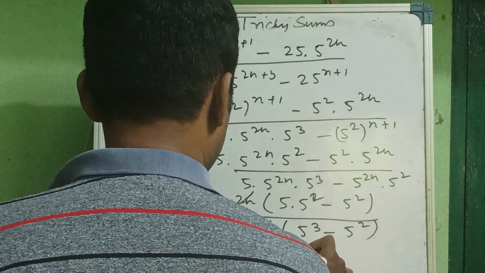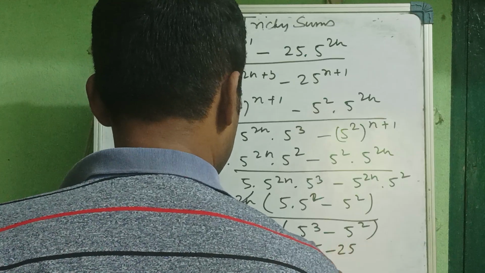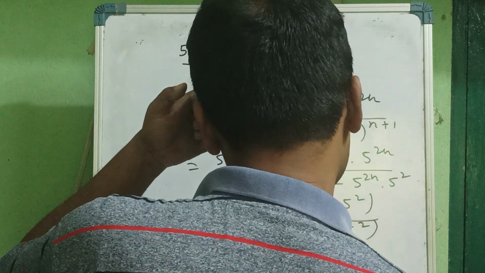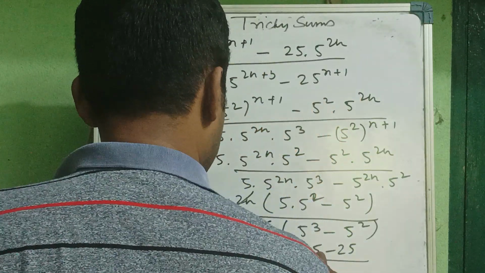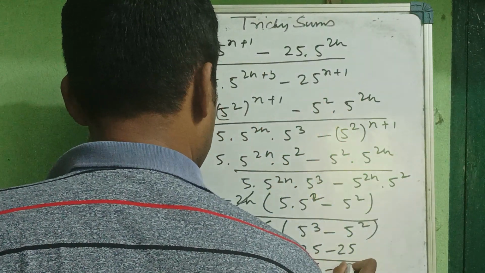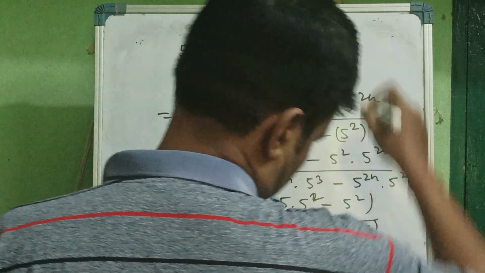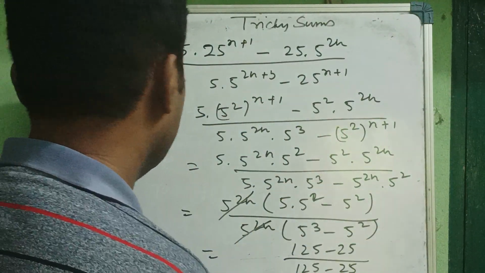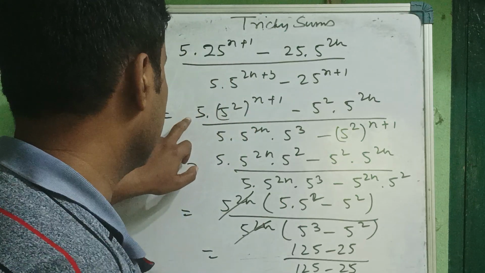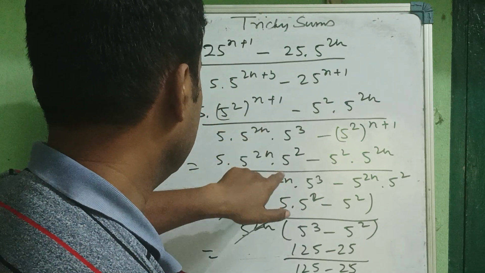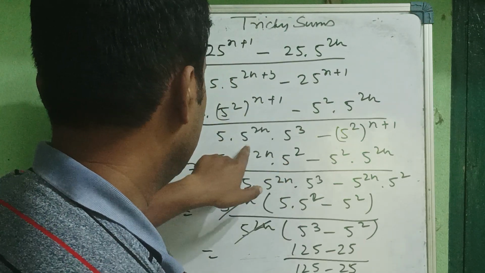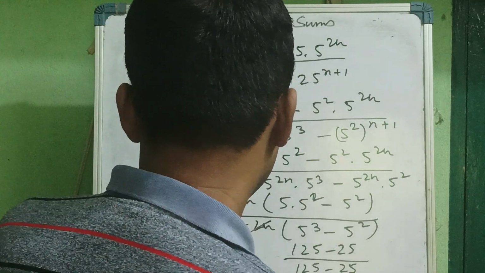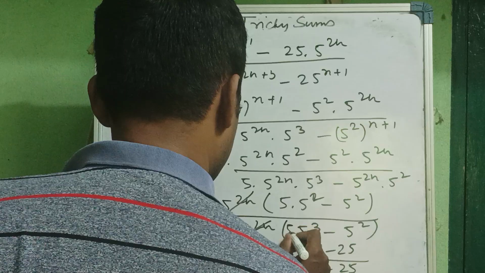5 to the power 3 means 125, minus 25. Let's check the question again. 5 to the power 2n is common, and 5 to the power 3 and 5 to the power 1 also.